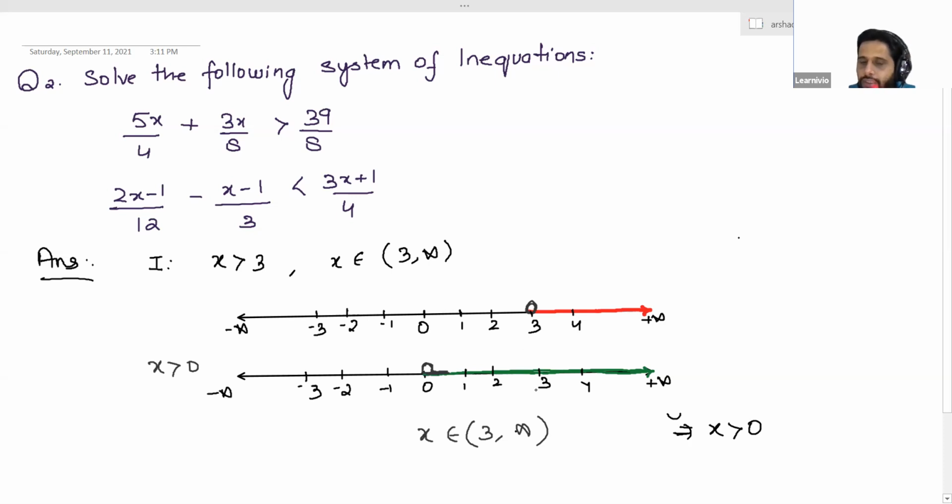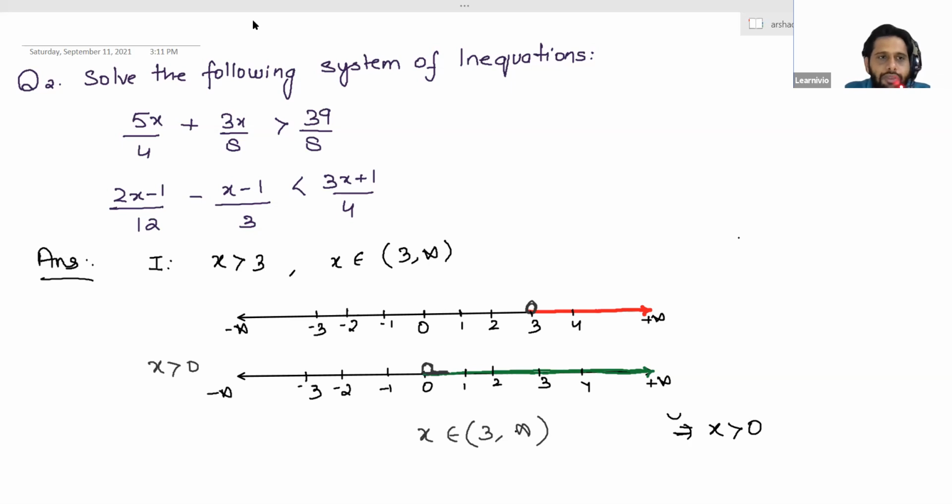So we will take 3 up to infinite, and we will not include the 3. Okay, Rishan, is this clear, or do you have any doubt? No doubt. Okay, very good. So Joan, Iram, and Ikhra, is this clear? Yes. Okay, very good.